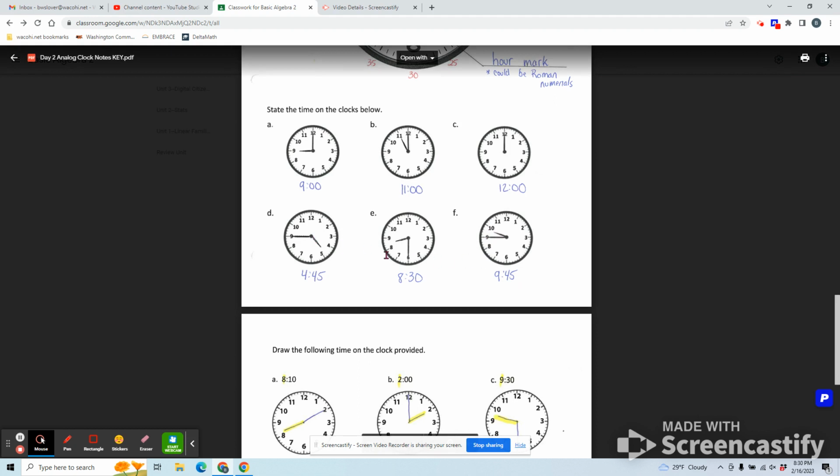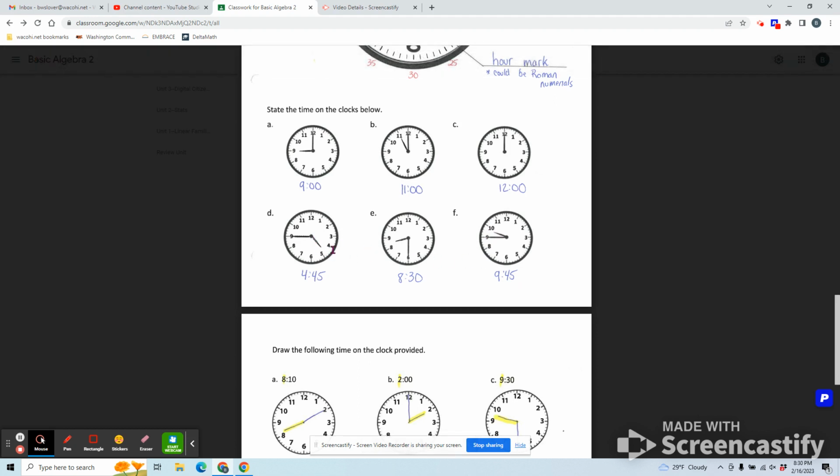Now notice on these three, the hour hand is not pointing exactly to an hour. Okay? All three of these, the hour hand is not pointing to an hour. That's because your hour hand moves just like your minute hand moves. So every time there's a minute that moves, your hour hand moves just a smidge. And it gets closer and closer to the next hour mark.